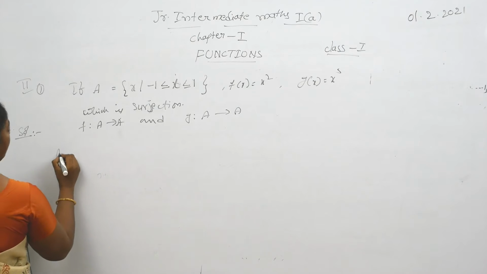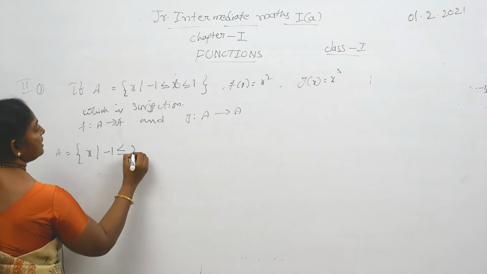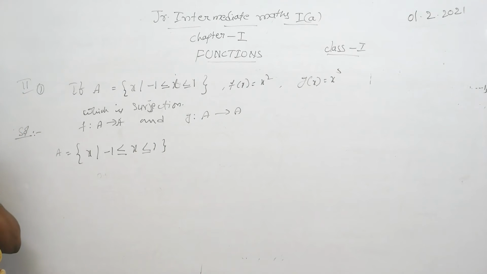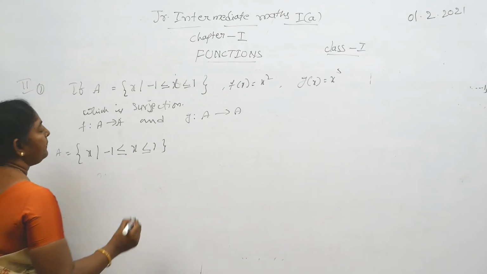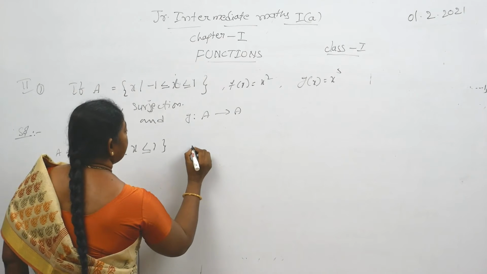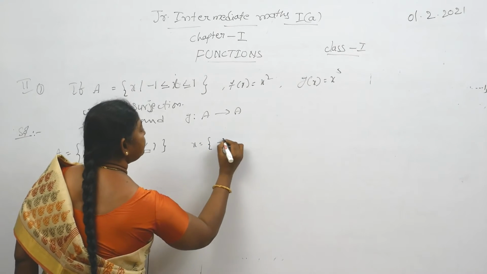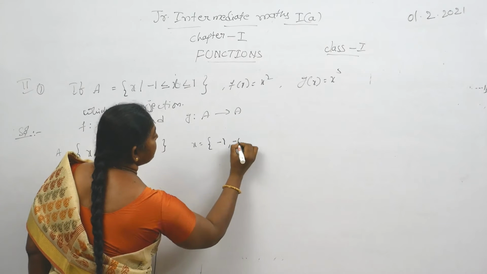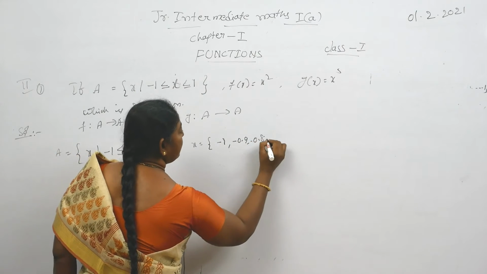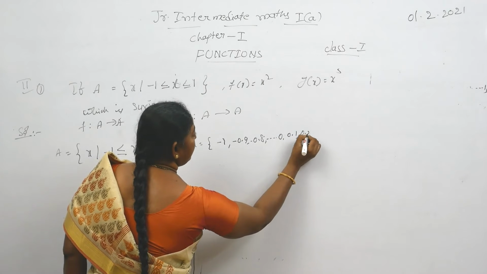Here A equal to the set of x such that minus 1 is less than or equal to x is less than or equal to 1. So the x value should be between minus 1 and 1, like minus 1, minus 0.9, minus 0.8 and so on, 0, 0.1, 0.2.